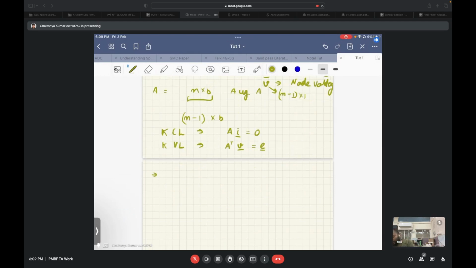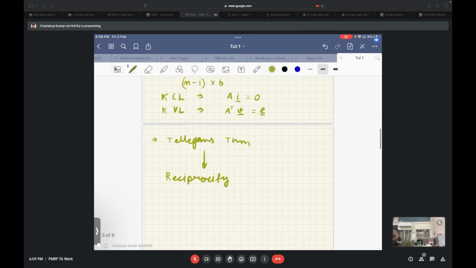Then we learned about Tellegen's theorem, and from Tellegen's theorem we derived reciprocity, and then we derived inter-reciprocity.